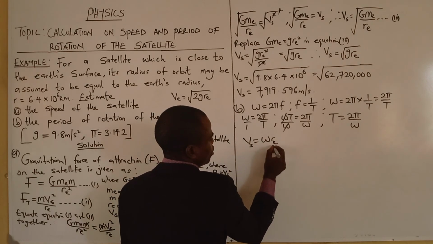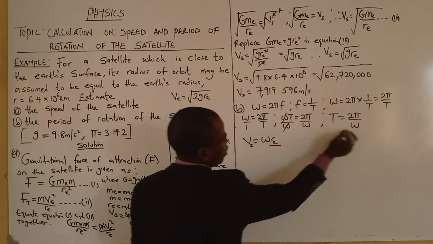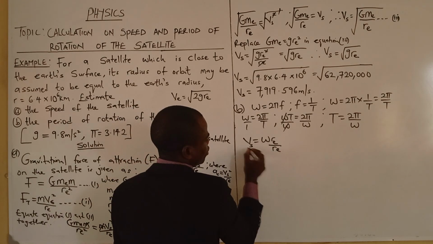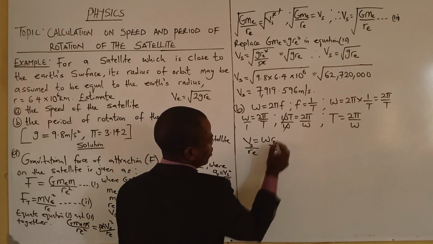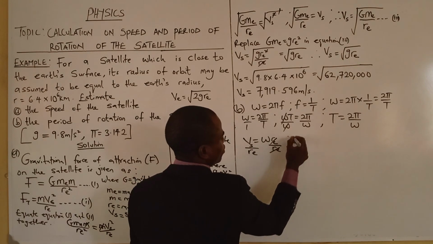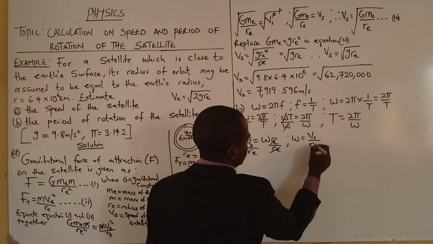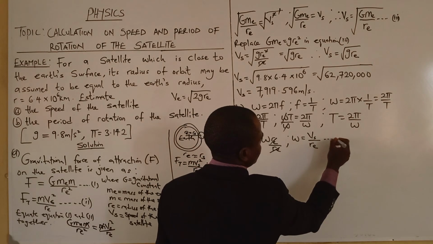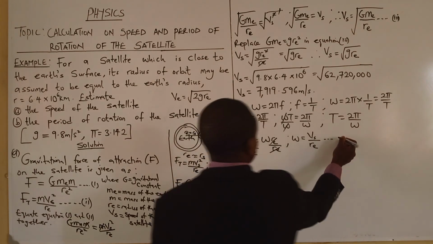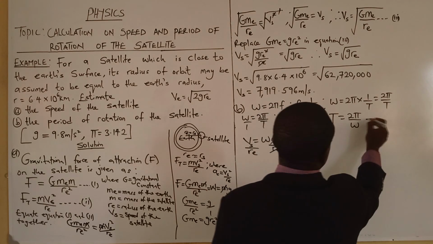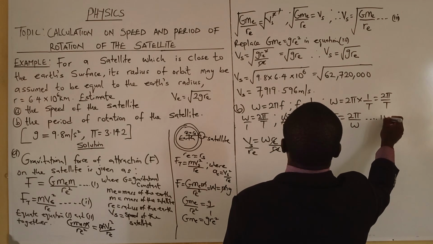We need to replace the angular speed here with an expression. Divide both sides by RE, cancel RE. You are left with the angular speed W to be V, the speed of the satellite, over the radius of the Earth. Let's call this one equation 4.